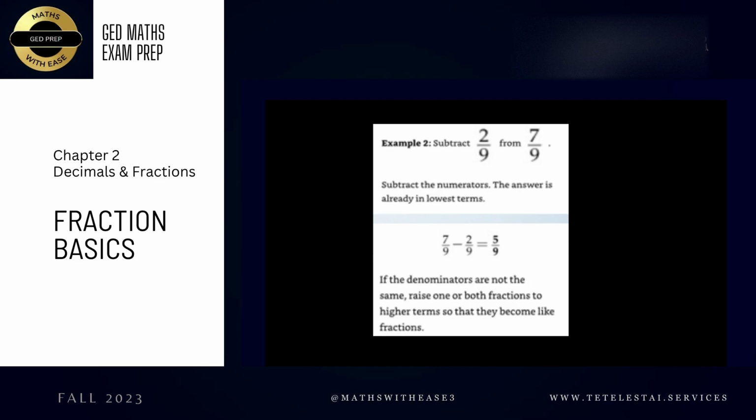And then you would just proceed as normal. Since both the denominators are the same, you write down your denominator, which is 9, and then 7 minus 2 is 5, okay?